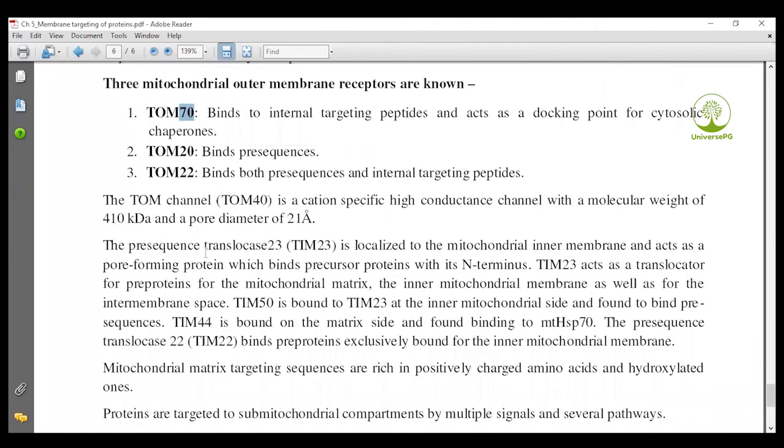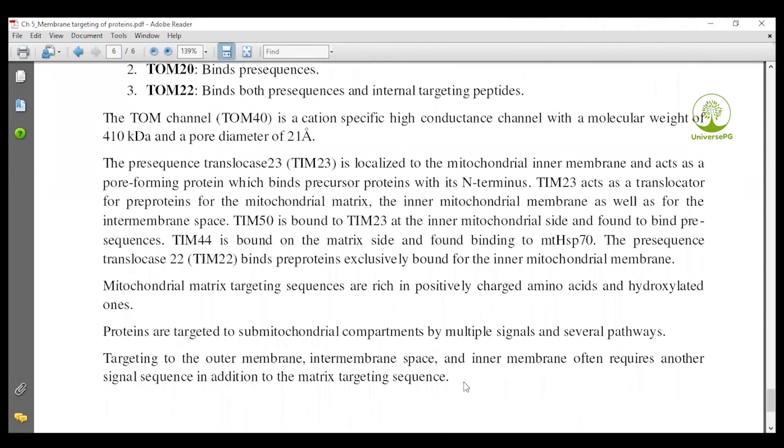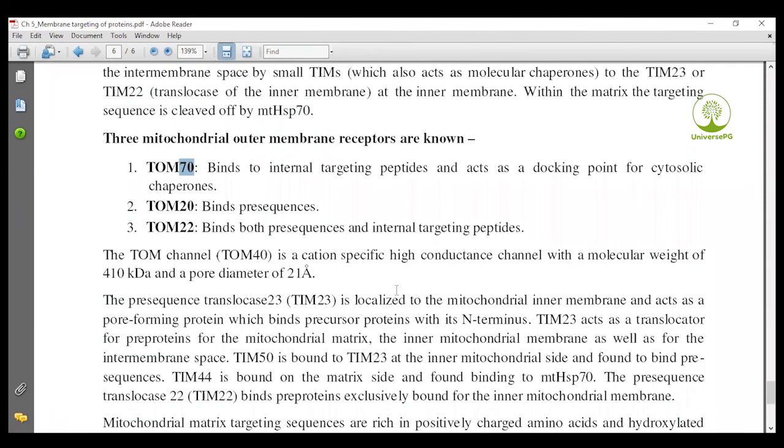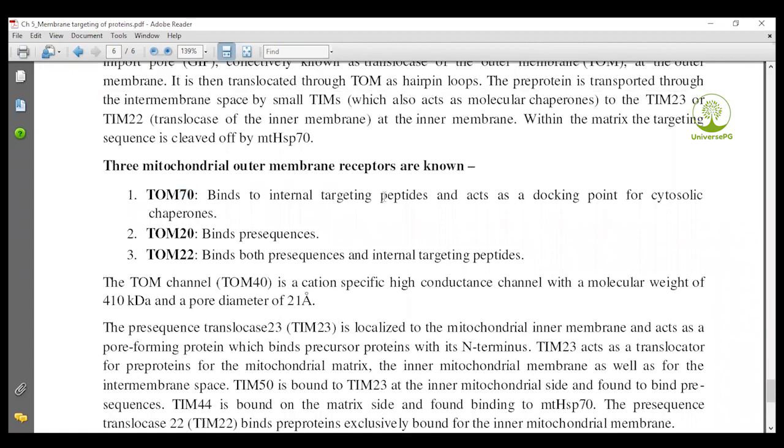In this area there are different types of membrane proteins with their location, molecular weight, pore size and some functions. So no need to read it in detail. You just read: how many mitochondrial outer membrane receptors are found in the cell, with their function?